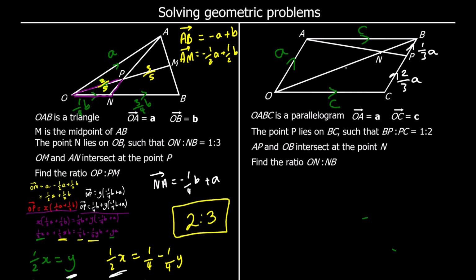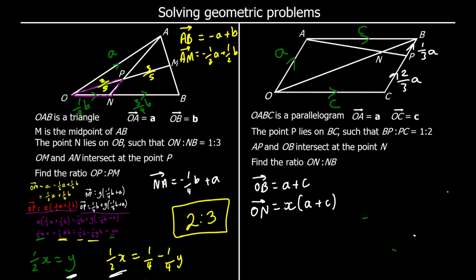We need to know what fraction O to N is of the journey O to B. So let's start with O to B, and we can say that is a plus c. And O to N, let's call our answer x. So x times (a plus c).